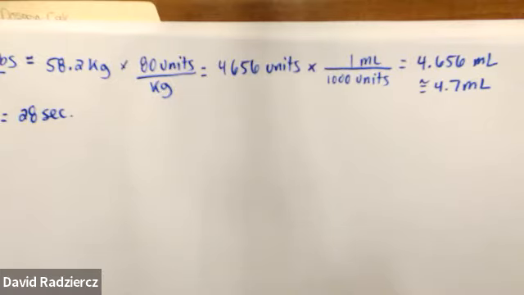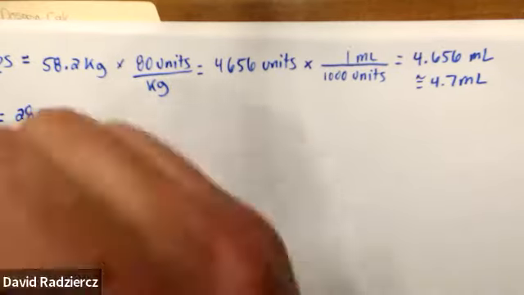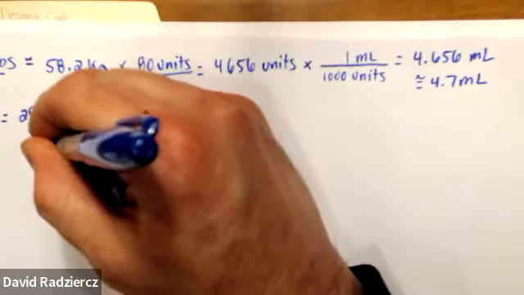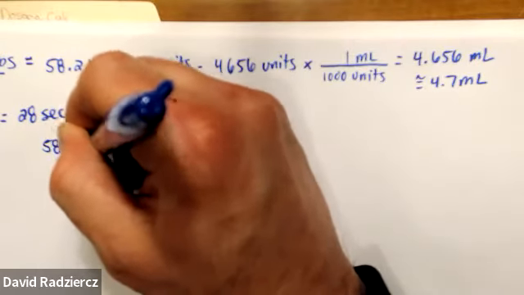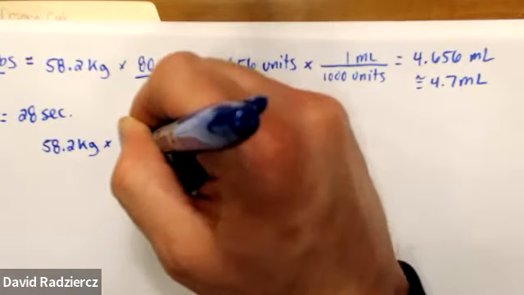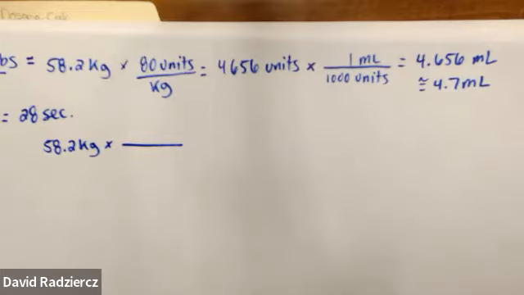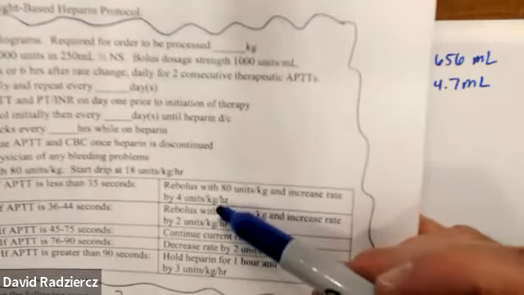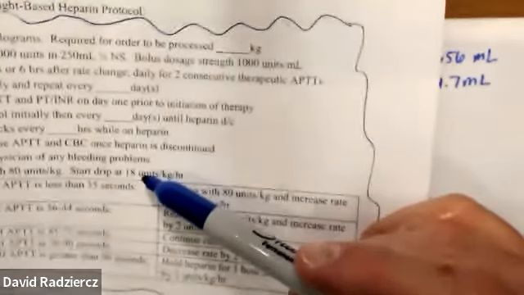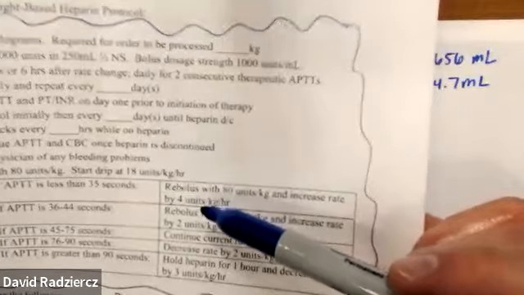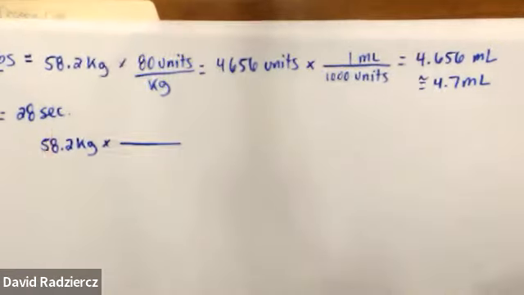All right, now we need to calculate the new flow rate. Same patient, 58.2 kilograms. It says to increase the rate by 4. My initial was 18, so 18 plus 4 would be 22.